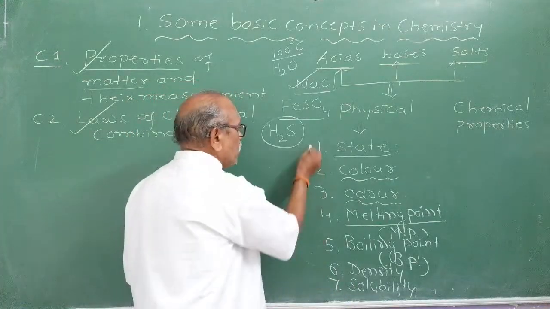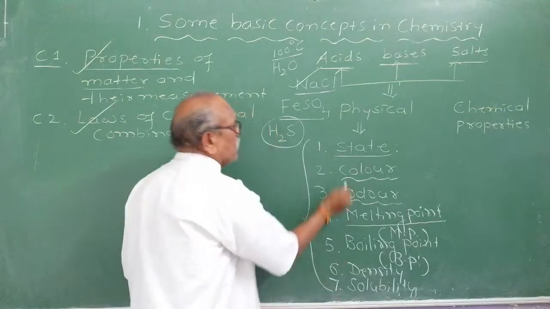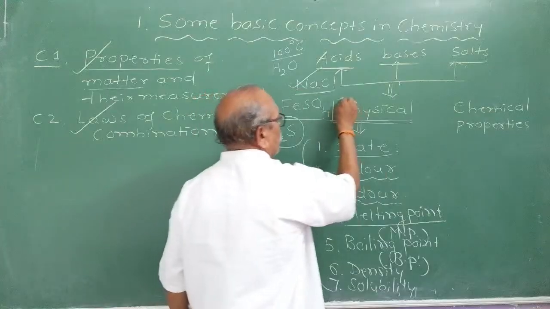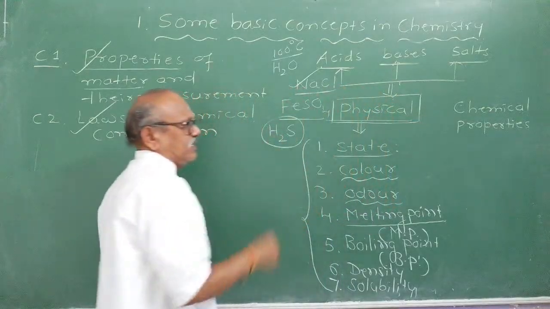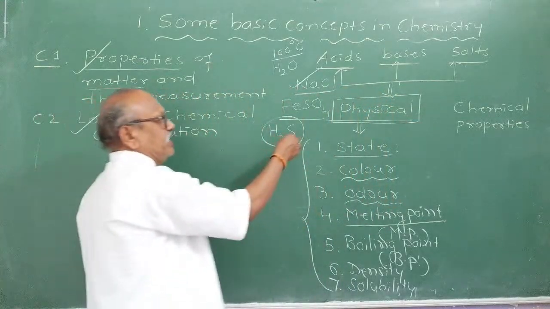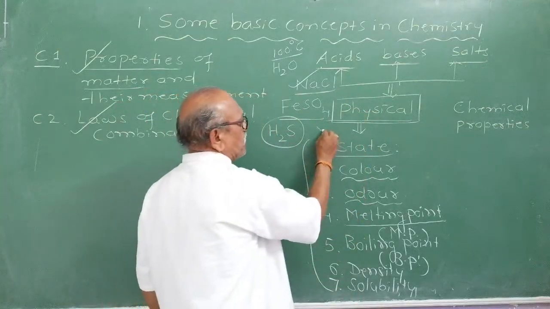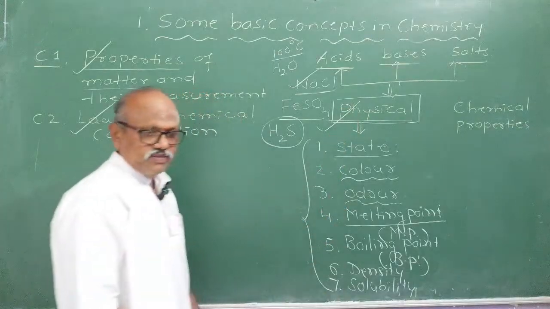The solubility, all these properties of the matter will come under physical properties, my dear students. Whenever you take a particular compound or any element for study in detail, all these properties are studied. These properties are collectively called physical properties.